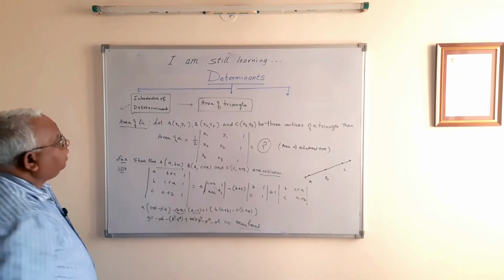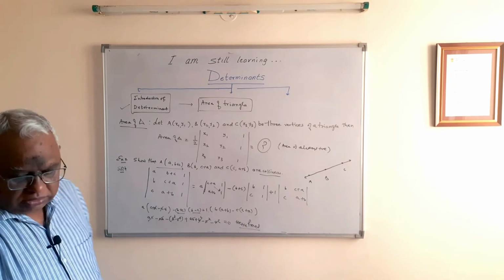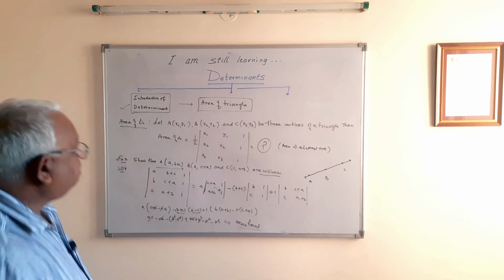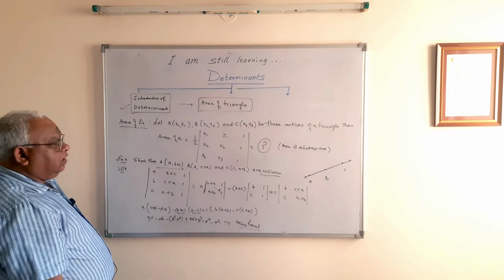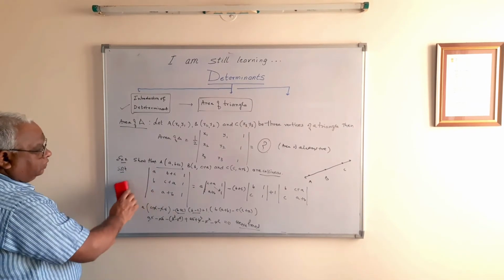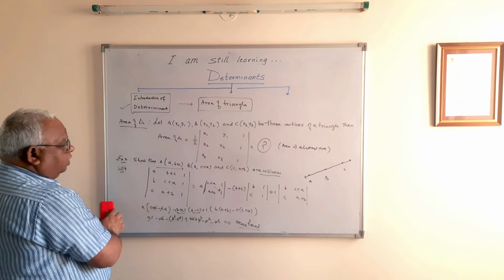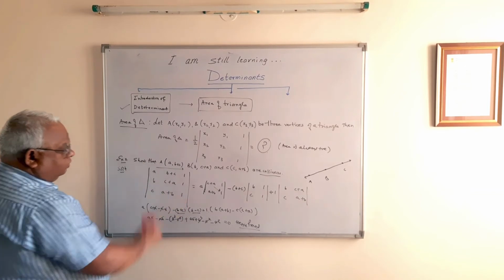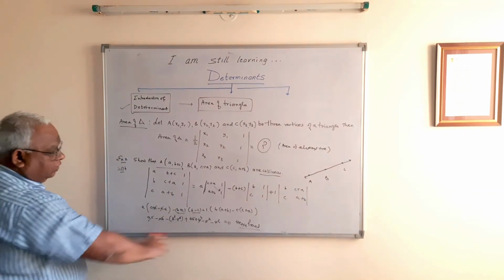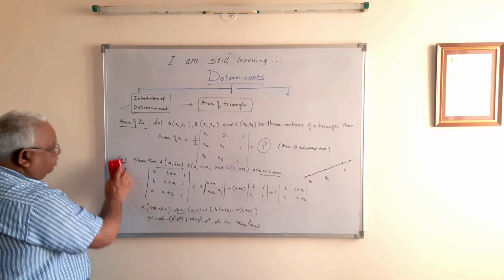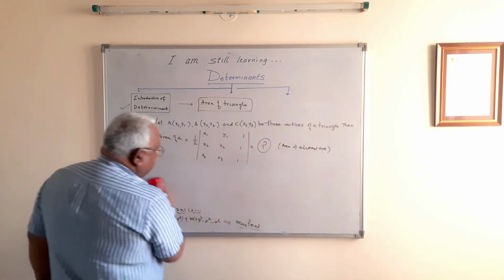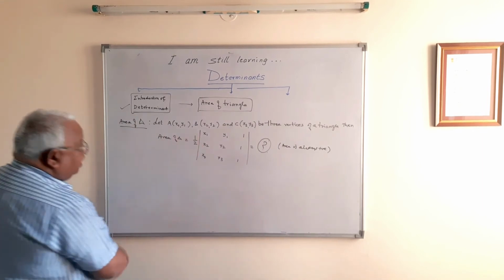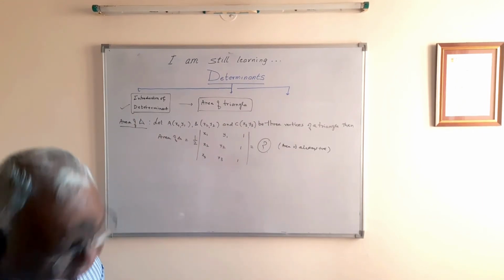So this is about collinearity. The 3 points are collinear if the determinant value of all the 3 vertices is going to give you 0. So that is another application.